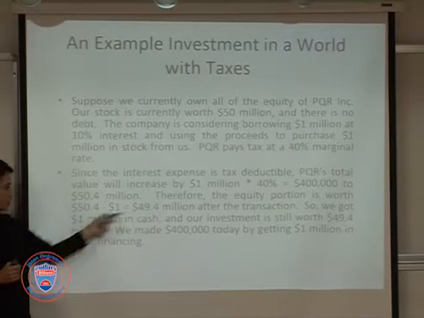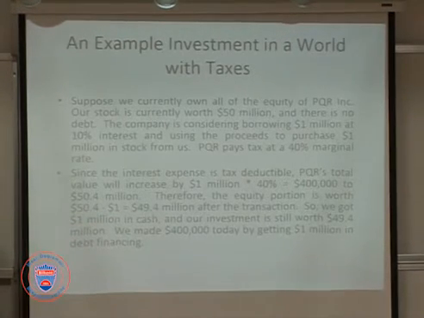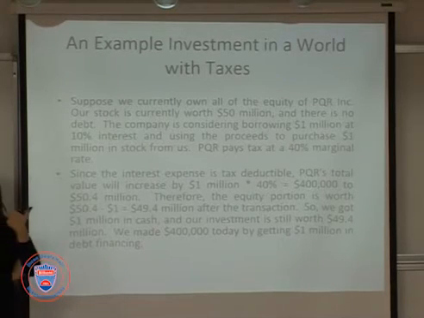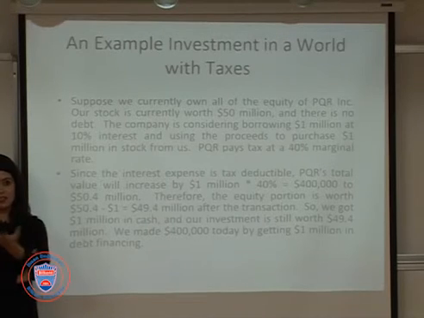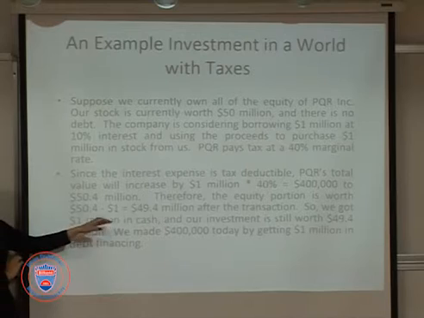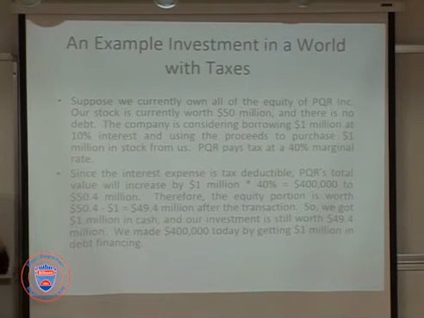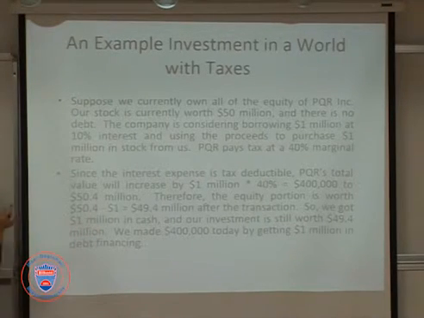So from that value, 49.4 million will be the value of the equity portion, which is bad for shareholders, right? They were getting 50 million, now it is 49.4. But since we use some debt, the company's overall value increased by $0.4 million.